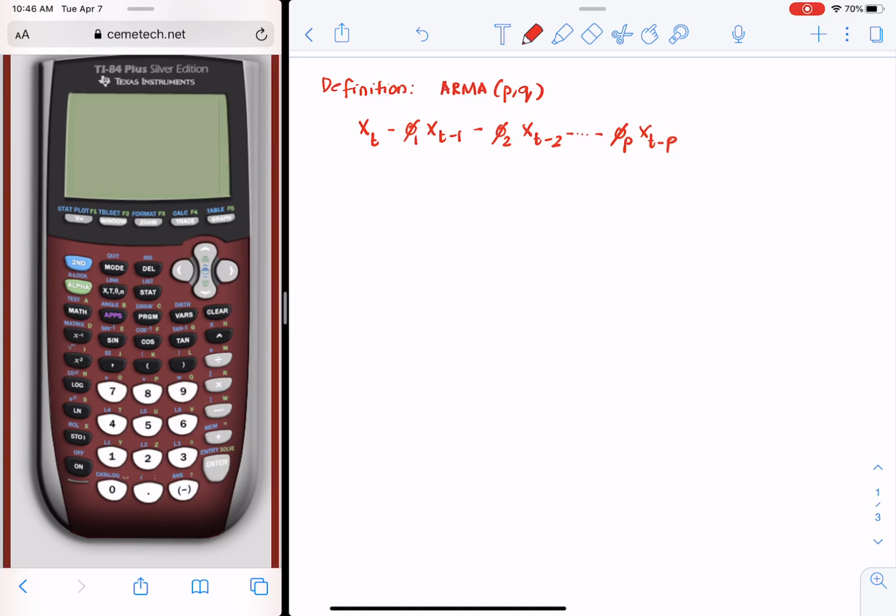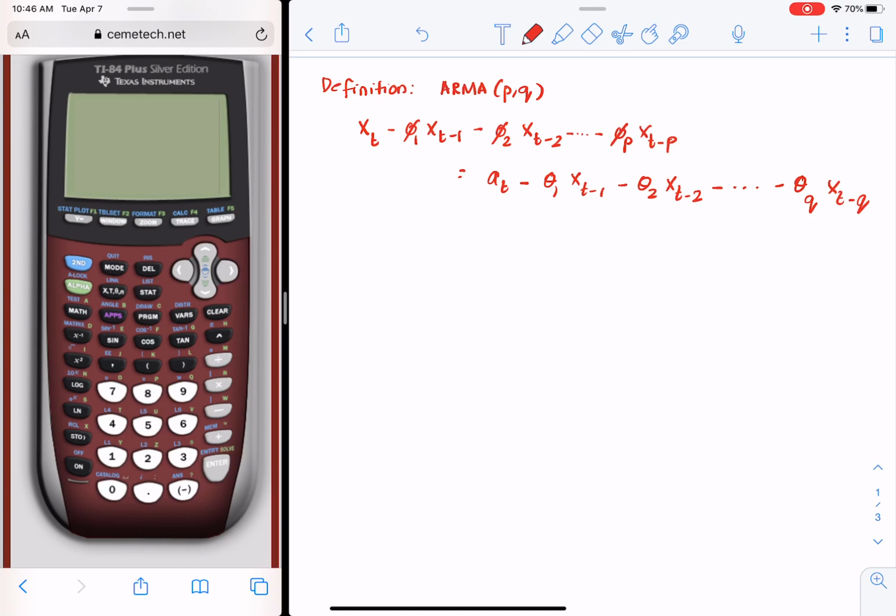And that would equal a_t minus theta_1 X_{t-1} minus theta_2 X_{t-2} minus all the way up to theta_q X_{t-q}.